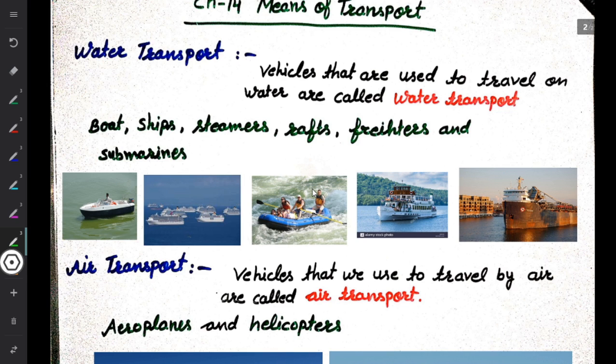A port is an area where large ships stop to load and unload goods. What is a port? A port is an area where large ships stop to load and unload goods.